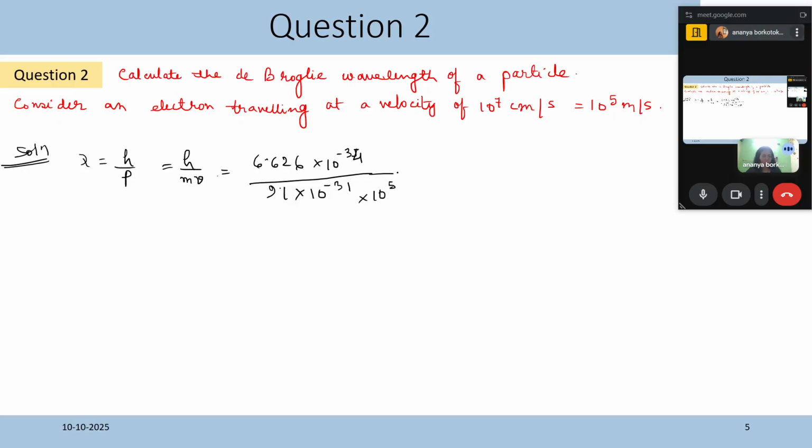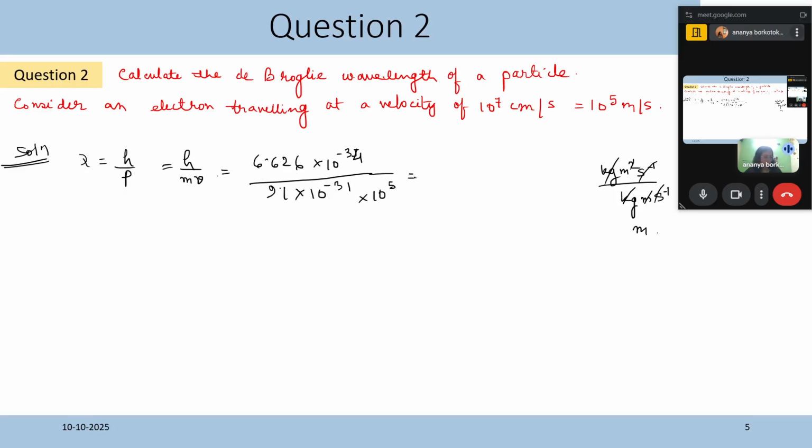I am keeping everything in standard units. So the unit is joule second, where joule is kg meter square per second square, divided by kg and meter per second. So my unit comes as meter, which is the correct unit for wavelength. I always do a dimensional check.